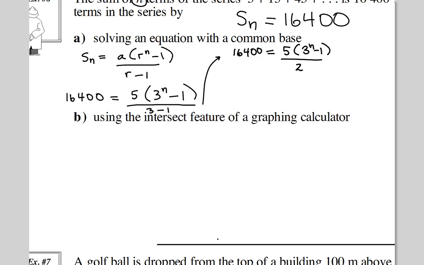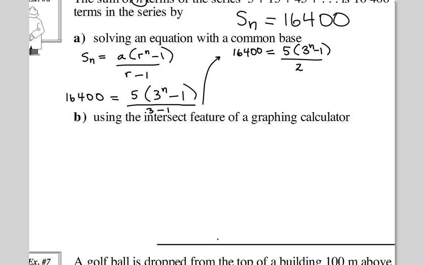What's the opposite of 5 halves? 2/5. Okay?